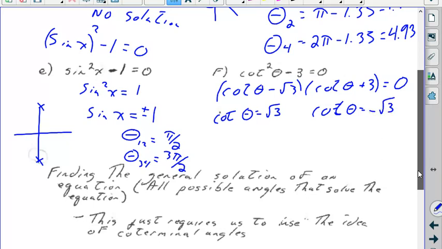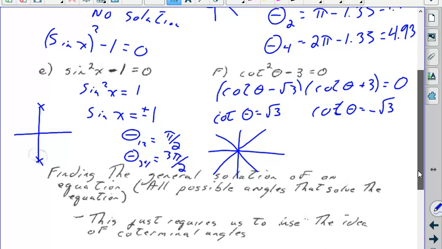So again, we have the positive values there and there, the negative values there and there. Square root 3 is one of our special numbers off our triangle. Cotangent is adjacent over opposite.